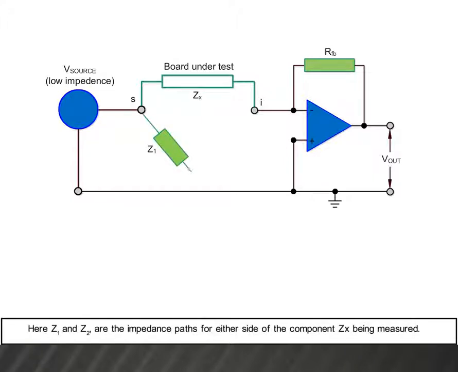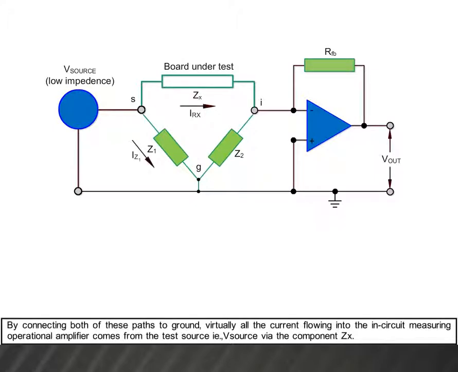Here, Z1 and Z2 are the impedance path for either side of the component Zx being measured. By connecting both of these paths to ground, virtually all the current flowing into the in-circuit measuring operational amplifier comes from the test source, that is V source, via the component Zx.